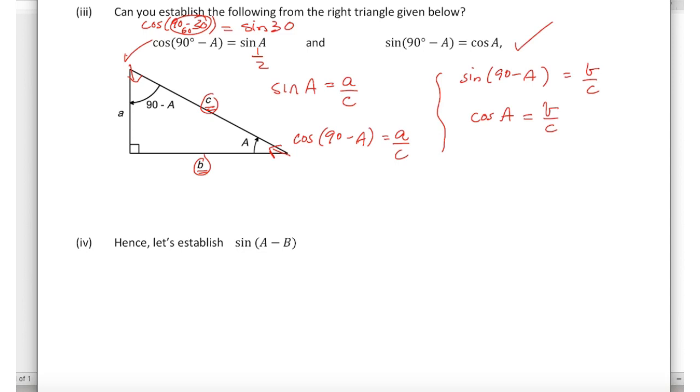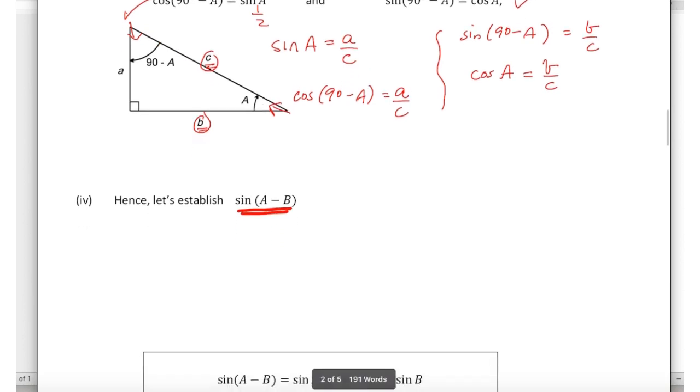So let's use this to actually establish the difference between two angles using sine. So if we take this as sine of an angle, like angle A, they're telling us that that's equivalent to cos of 90 take the angle.